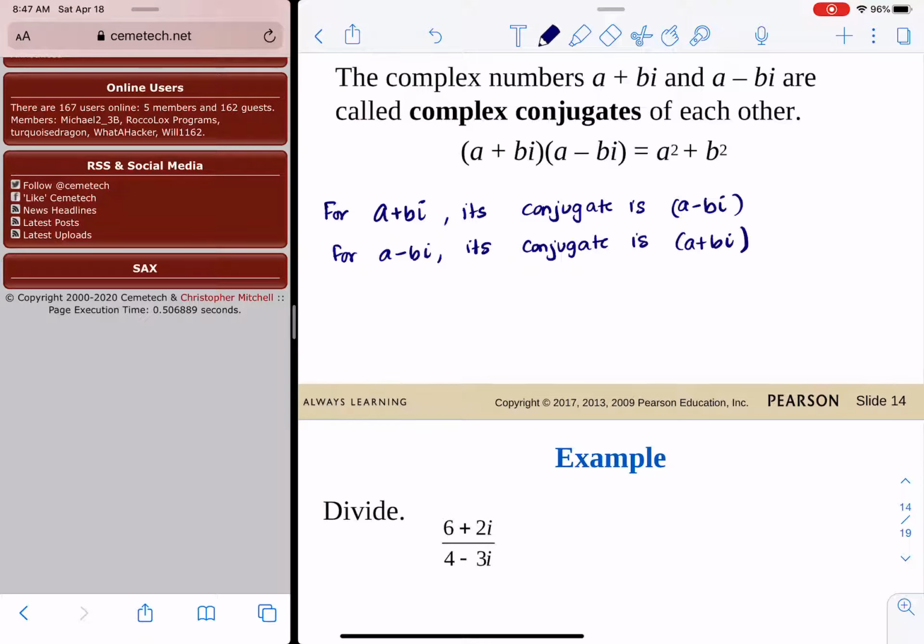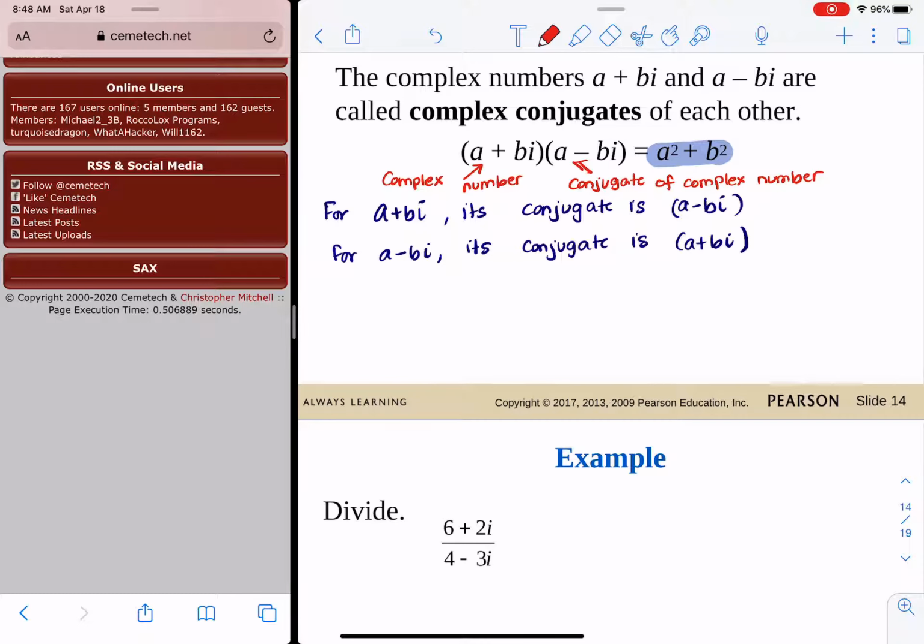And when we multiply a complex number by the conjugate of the complex number, the result is always a squared plus b squared.